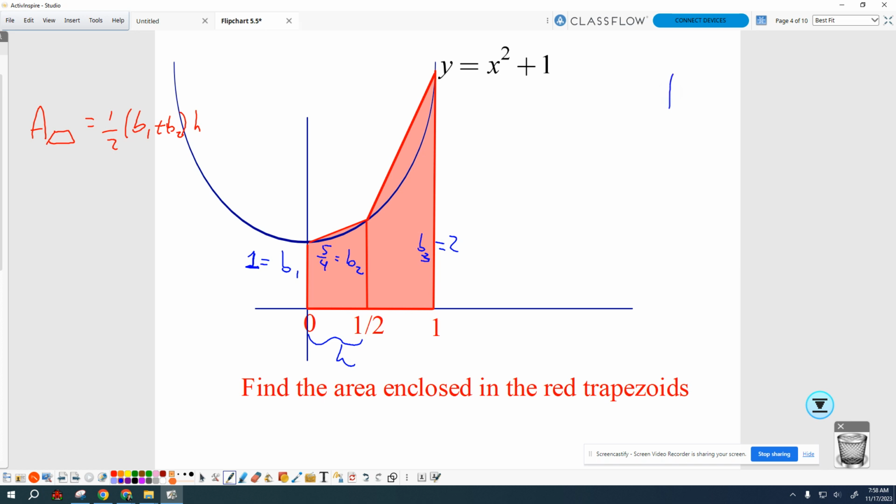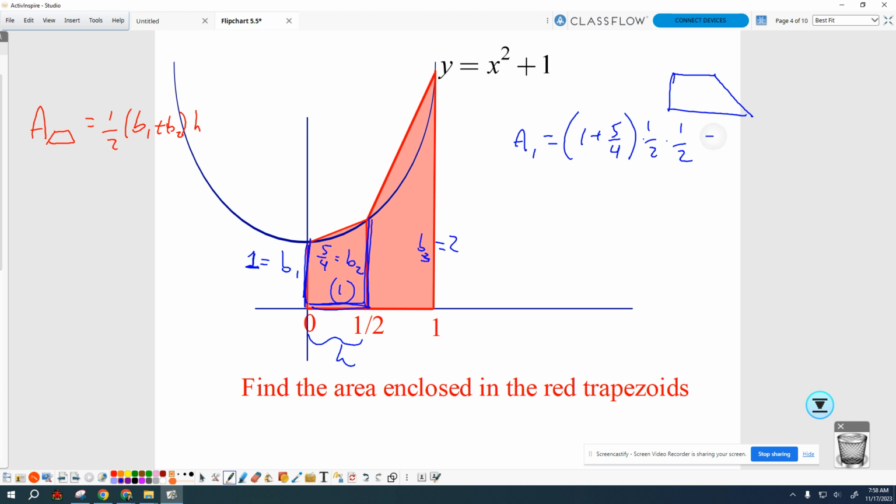So you guys really don't like when the trapezoids aren't oriented the direction you like. These are all tipped up. Trapezoid 1, base 1 plus base 2 times the height. The height is this distance. But I needed to average the bases, so it's times a half again, right? 5/4, 9/4, 9/16.